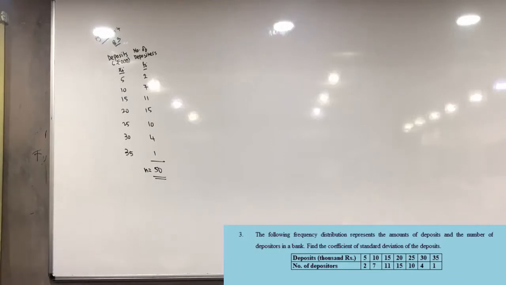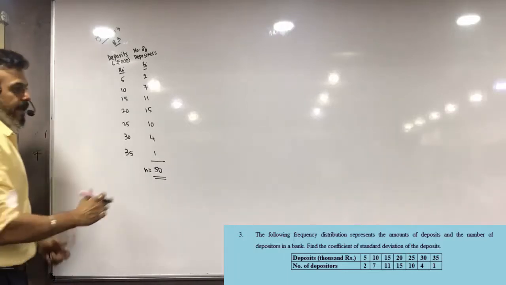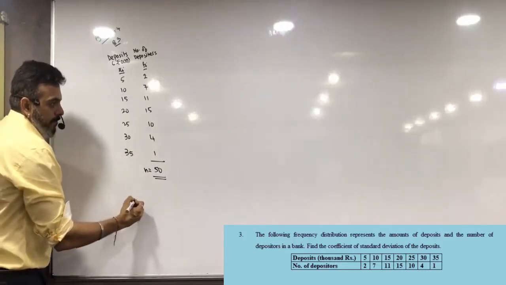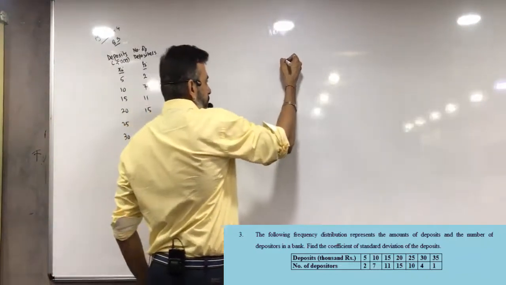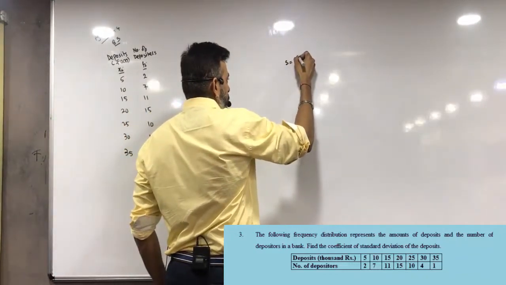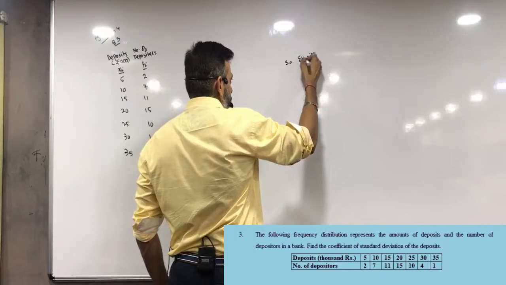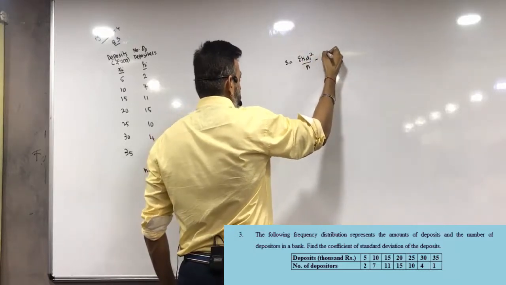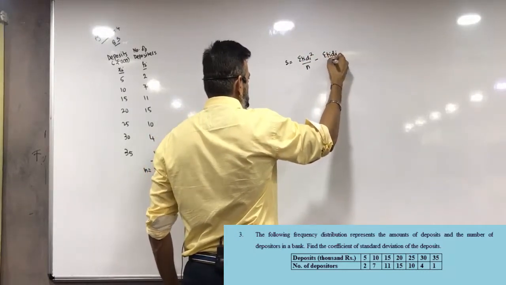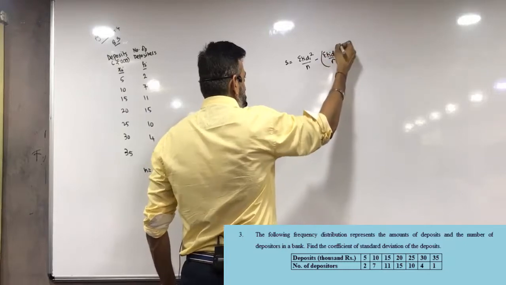We have to find the standard deviation, so we'll directly go for the shortcut method. Standard deviation is equal to the square root of sigma fi di square upon n minus (sigma fi di upon n) the whole square.